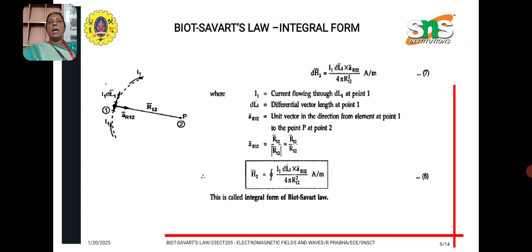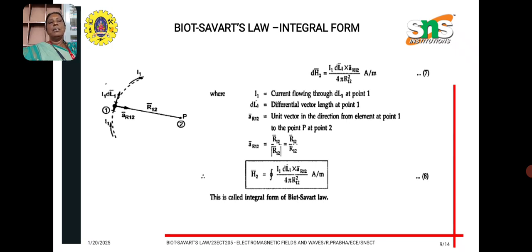and let the current flowing through the element be I1, and this current element is I1 dl1. Now the magnetic field at point 2 due to this current element, dH2, is equal to I1 dl1 cross ar12 vector by 4 pi R12 the whole square ampere per meter.